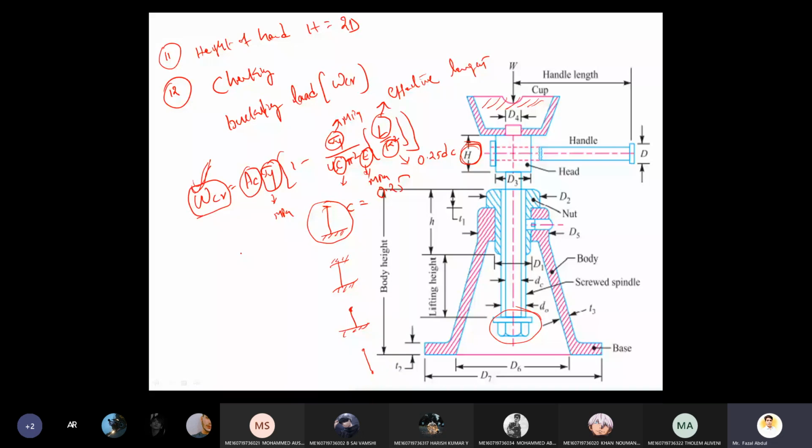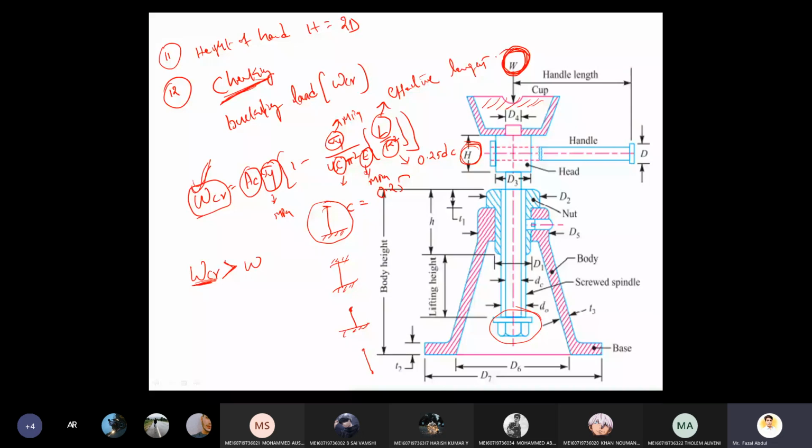So what is WCR? Critical load, or we can call it the buckling load. Here the main intention is checking the buckling load. Now we calculated the buckling load. This value should always be greater than what we are applying here.